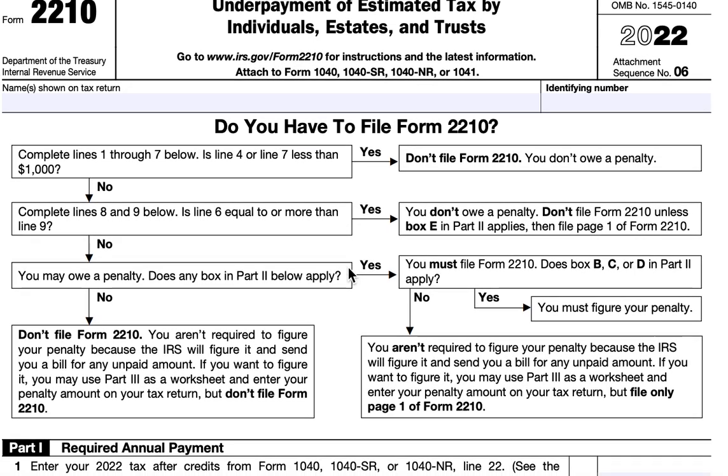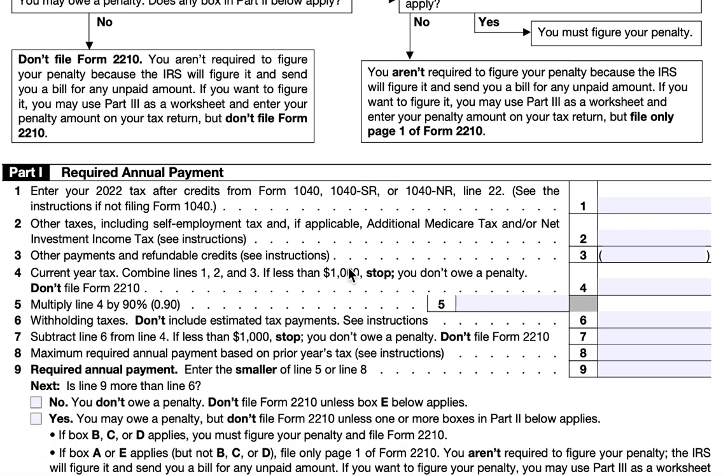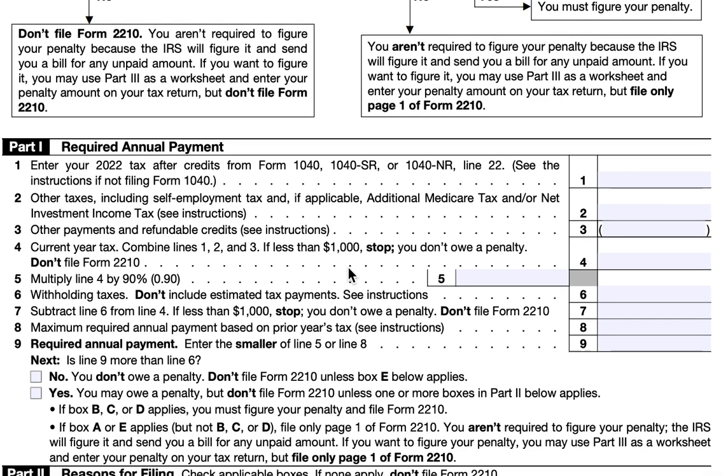Before we go through line by line, I'm just going to walk through a brief overview of the form. Part 1 is the required annual payment. This would be the sum of all of your estimated taxes, withholdings, things of that nature, and how that stacks against your estimated tax liability.